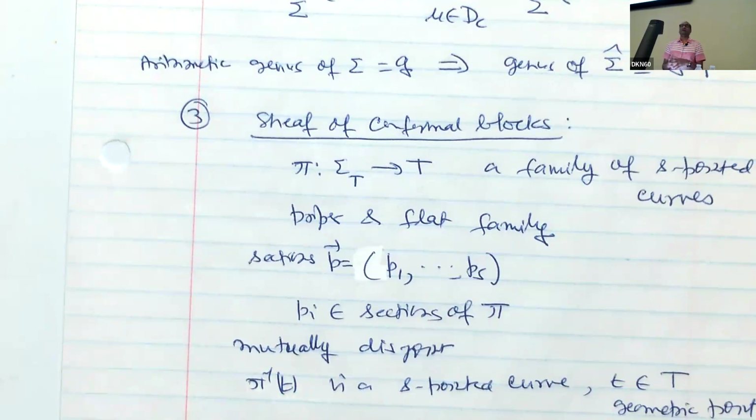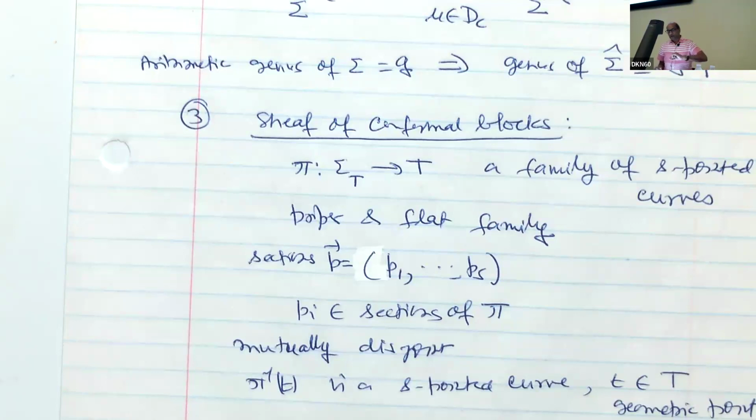So generalize means, I will not say all the technical definitions, but we took a single curve. Now I'm going to take a family of curves parameterized by some smooth variety T. So sigma T to T is a proper and flat morphism, and every fiber is a curve of the type I mentioned earlier. It's a projective curve with only nodal singularities, and so on.